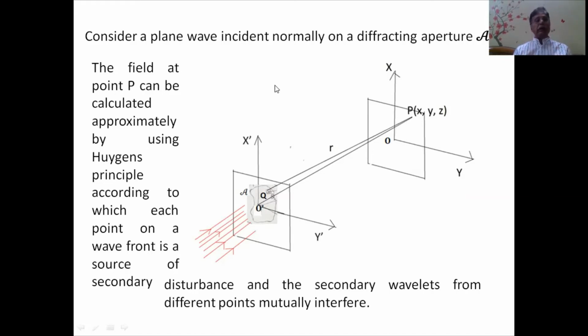So now again, let us consider a plane wave incident normally on a diffraction aperture A. The field at point P can be calculated approximately by using Huygens principle, according to which every point on a wavefront is a source of secondary disturbance, and the secondary wavelets from different points mutually interfere.